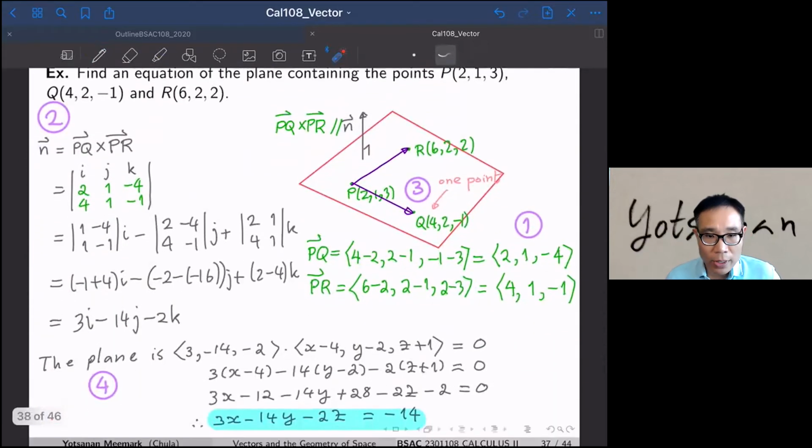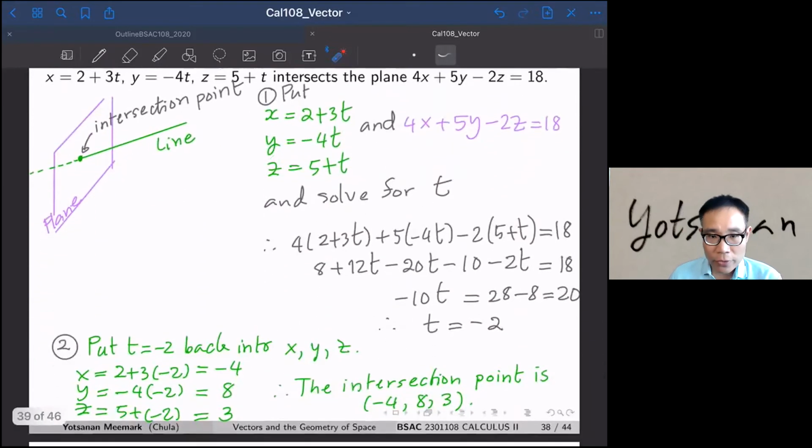And if you have 3 points, you are able to find an equation of the plane by finding vector PQ and vector PR, and then the normal vector is given by PQ cross PR, because we need the vector that is perpendicular to the plane, so it will be perpendicular to both PQ and PR.